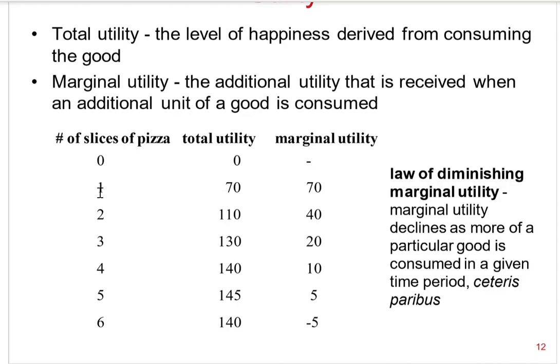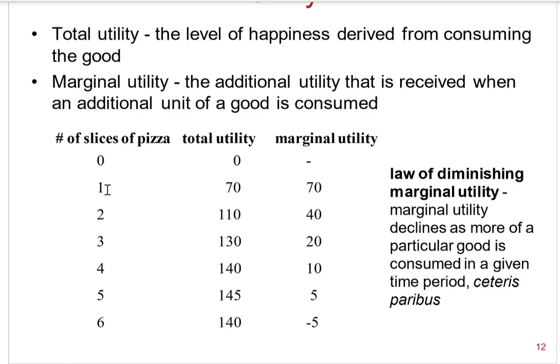But when you consume the first pizza, we have 70 as total utility, and the marginal utility from moving from 0 slices to one slice is 70. First units usually give us exactly the same total utility and marginal utility.